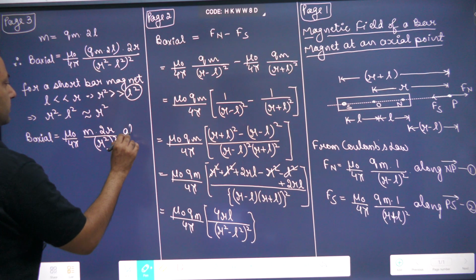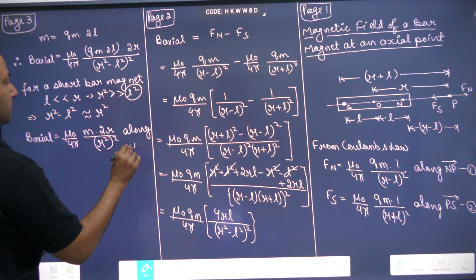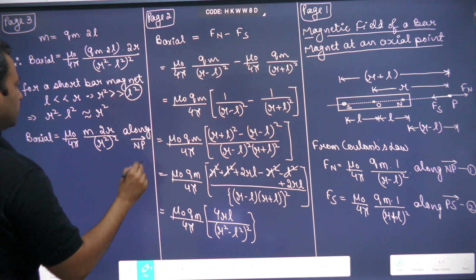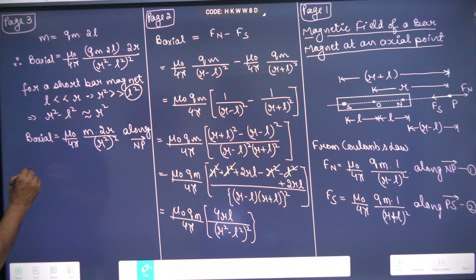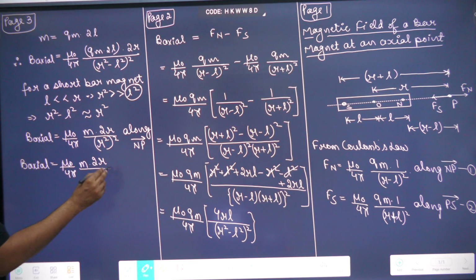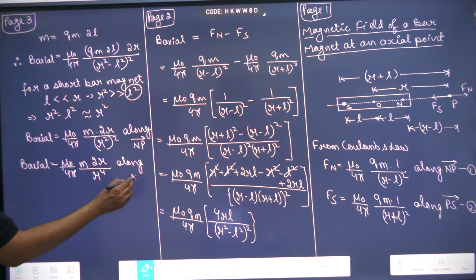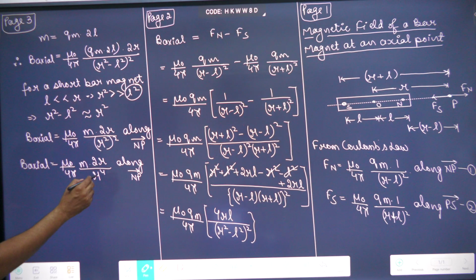Along NP, along NP vector. So B axial is equal to mu naught upon 4 pi, m into 2r upon (r squared minus l squared) whole squared, which is r to the power 4, along NP vector, r cube.